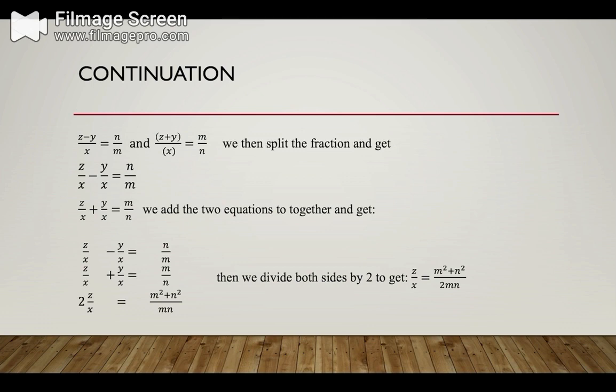As you see, negative y over x and plus y over x cancel each other out. So all we're left with is 2z over x equals (m squared plus n squared) over mn. And then we're going to divide both sides by 2 to end up getting z over x equals (m squared plus n squared) over 2mn.